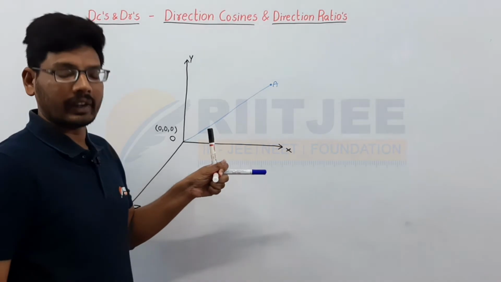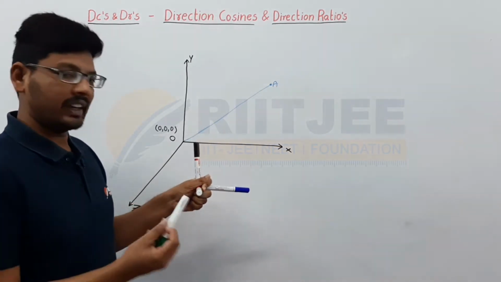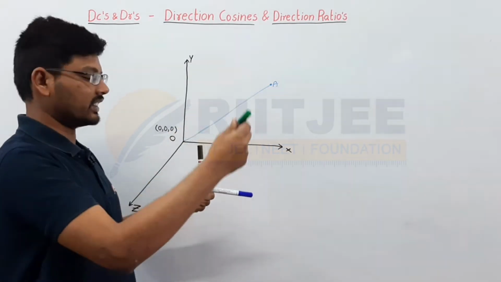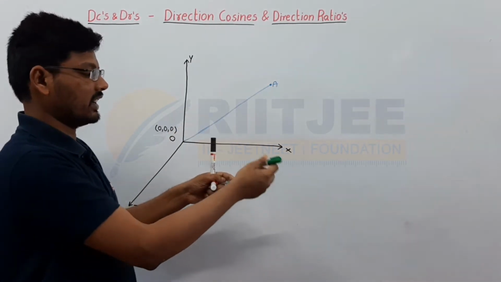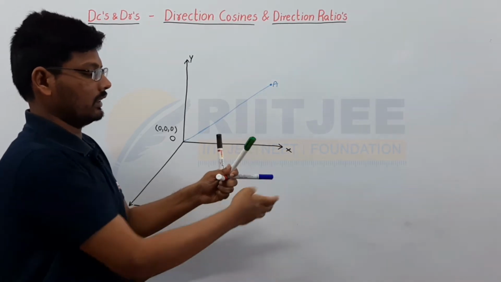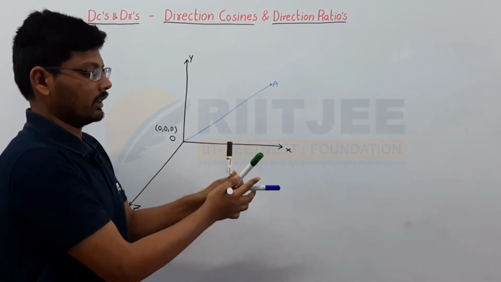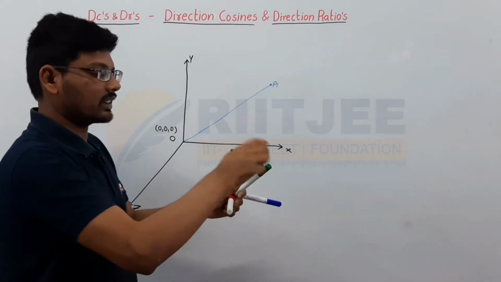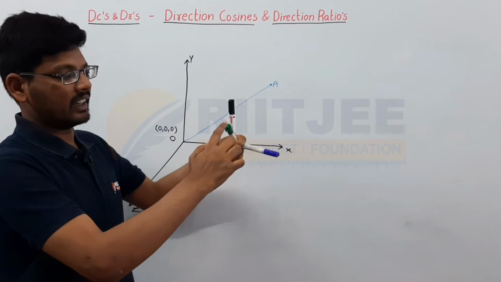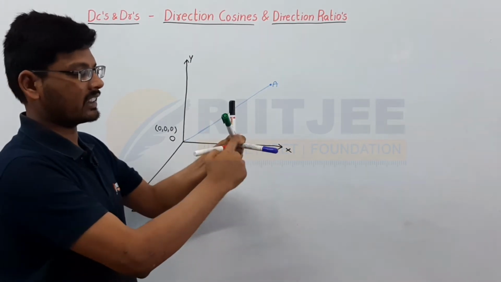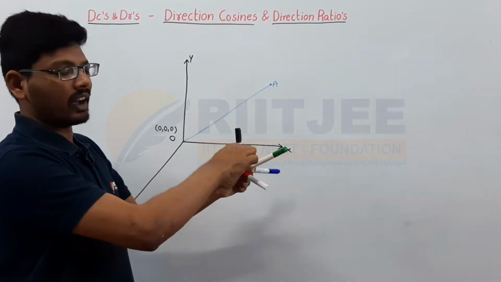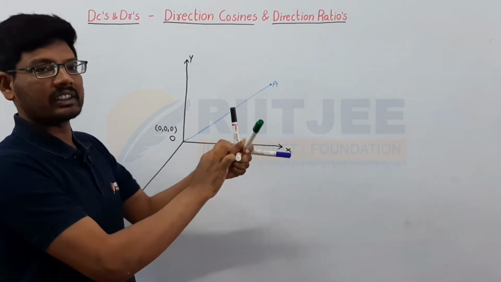When you take a line in the 3D coordinate system, this green sketch is a line taken in the 3D coordinate system. This green line is making some angle with the X axis, and the same green line is making some angle with the Y axis as well as with the Z axis.